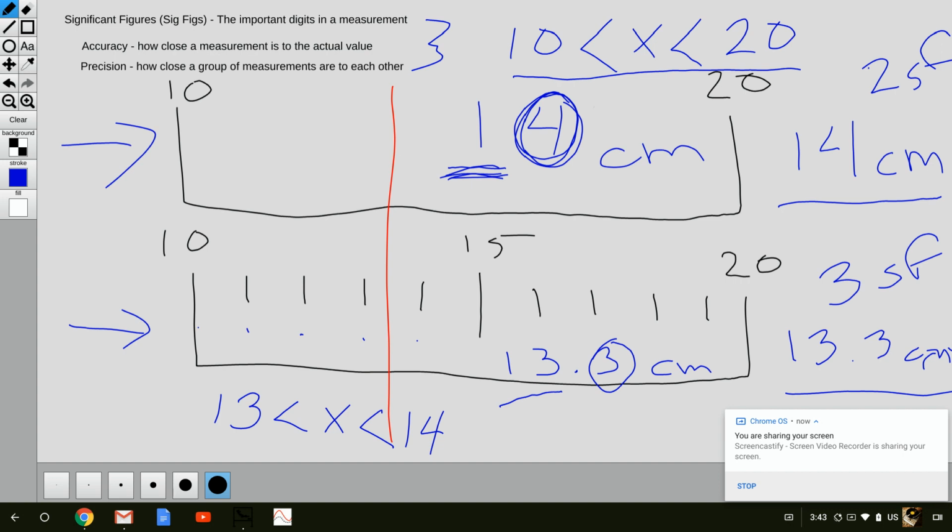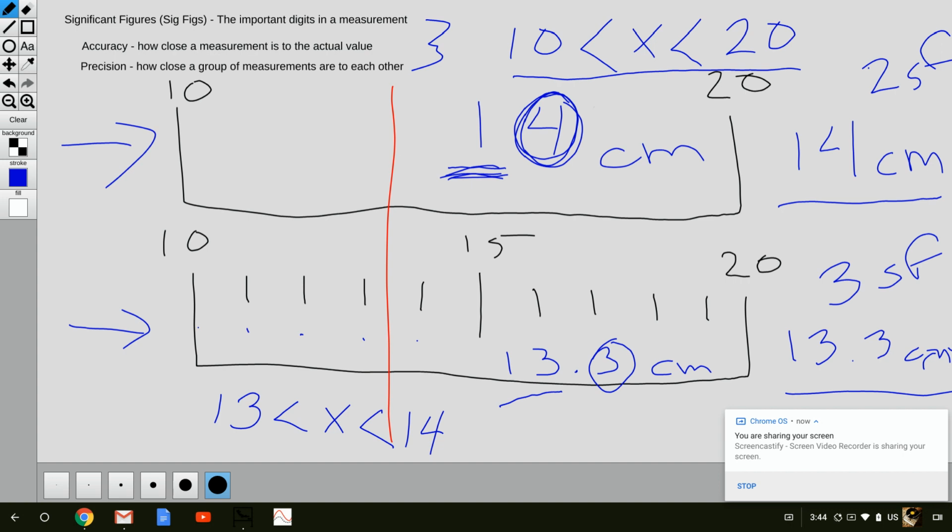So measuring the same line over and over again on the top ruler, I would get a wider range of possibilities than I would if I measured with the bottom ruler, where I would get a smaller range of possibilities.